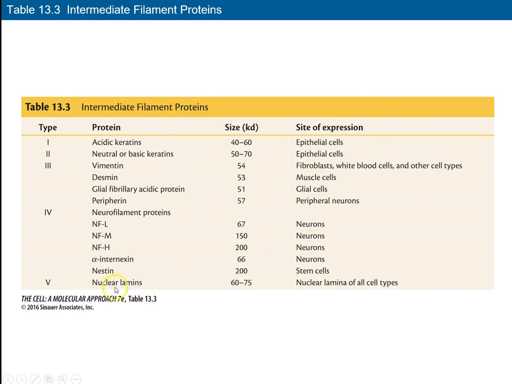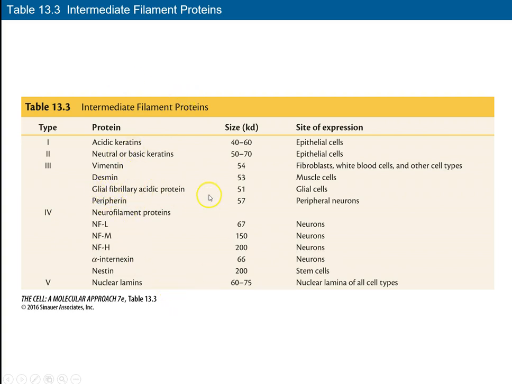If you look down here at neurons, there are particular types of intermediate filament proteins like internexin that are in neurons, nestin in stem cells. So you can label cells with nestin. You can use an antibody to determine if they're stem cells, and this is used a lot in neuroscience research to determine neuronal precursors or neuronal stem cells. You can see that there are many different types of intermediate filament proteins.